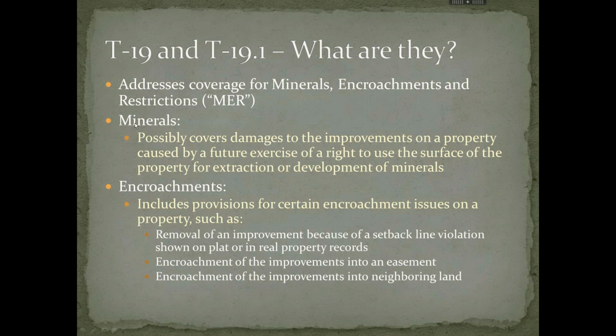So as far as minerals are concerned, the T19 or T19.1 possibly covers damages to the improvements on a property caused by a future exercise of a right to use the surface for extraction or development of minerals, right? So if they have an oil rig all of a sudden in their backyard, they're mining oil because somebody has mineral interests, the T19 would protect or cover the insured from that, right? Now, generally speaking, if there's not already an oil rig in the backyard, they're probably good, right?